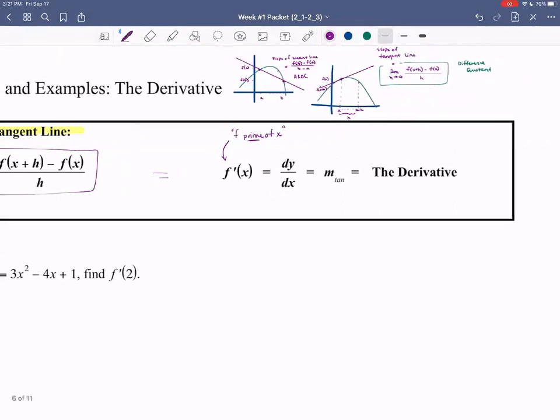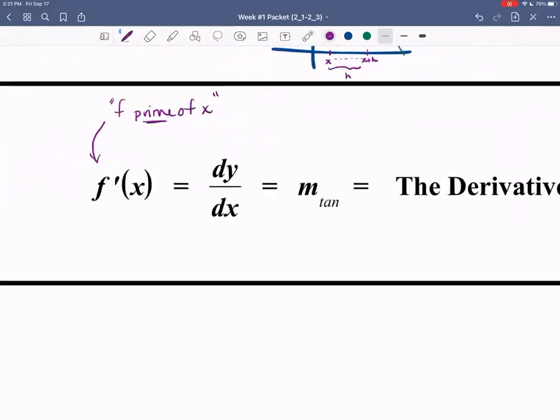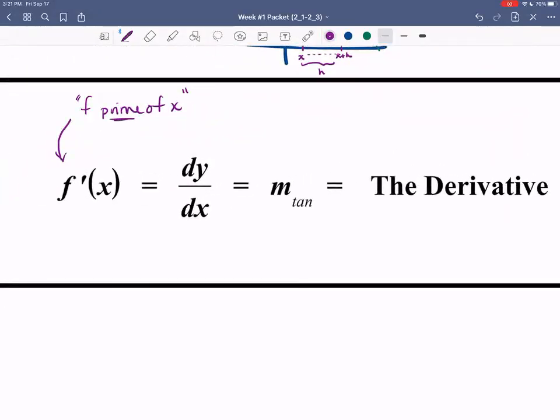Another way that we can describe the derivative is this notation, dy over dx. Some people, when they see this, just say dy dx. But we use this notation if we write y is equal to f of x. If our notation for the output of f of x is y and our input is x, then we can also write that derivative as dy dx.